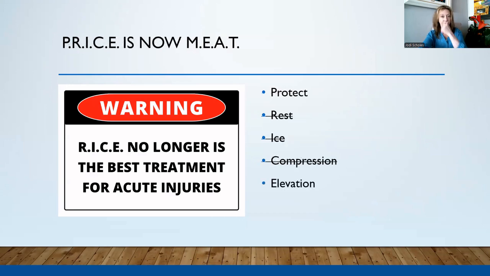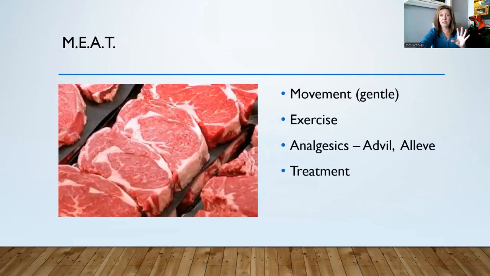Here's the new formula. So it used to be RICE, and then it was PRICE, which was protect, rest, ice, compression, elevation. PRICE and RICE will be familiar to you. MEAT may not be. I hope you don't see this on the MBLEx, but in case you do, movement, exercise, analgesics, and treatment.